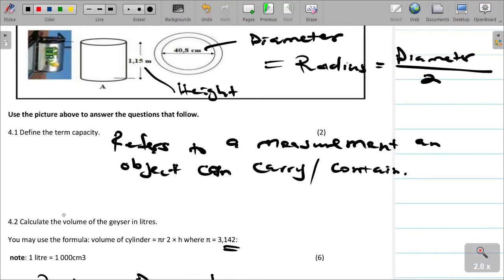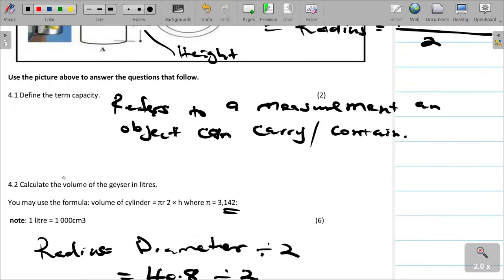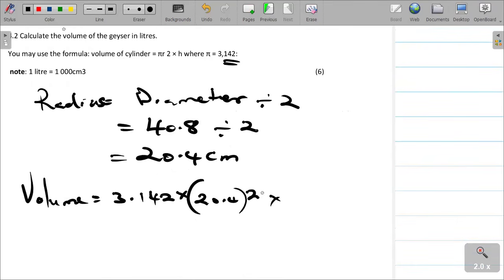We are saying it is 1.15 meters. We convert it also to centimeters, which is equal to 115 centimeters.